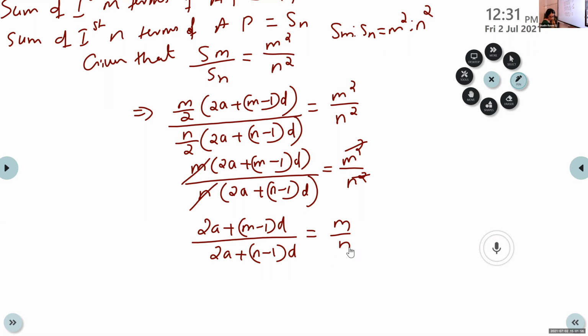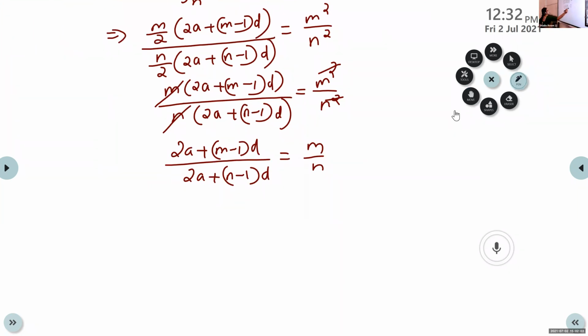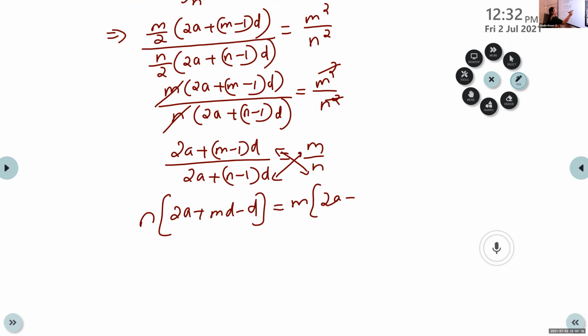Now cross multiplying: n into 2a plus m minus 1 into d, that is md minus d.